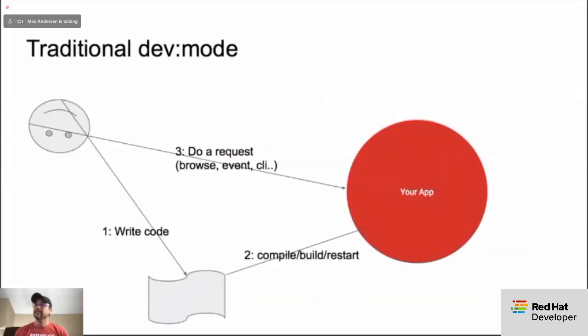In a normal dev mode, it's a bit upside down: you write code, you have to restart your app, you have to do a request, you come back. Or you might have an EAP or WildFly or Tomcat that, when you do a change, will reload the app, meaning even if you didn't want a change, you have a reload.